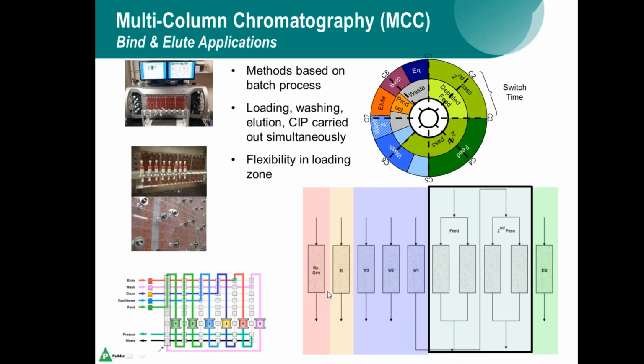So in this instance, if you look at column 4, you can see that it is receiving fresh feed, and the effluent of that column is going to the second pass. In this instance, column 2 would be receiving that second pass, and the effluent of that column would be going to depleted feed as flow through. And therefore, you can see that at different periods of time, columns 5, 6, 7 would be going through wash, elute, strip, and re-equilibration steps.